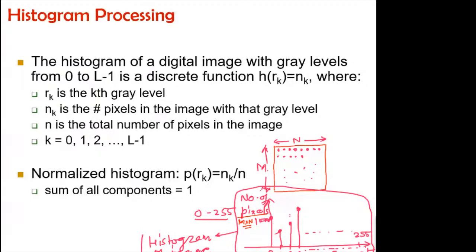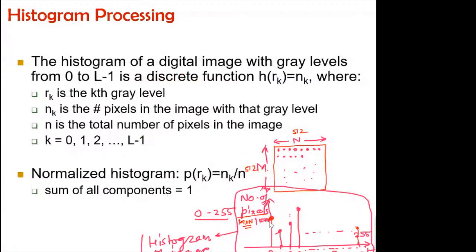The shape of this graph will remain the same, whether you call it a graph or a plot. Only thing is that the values on the y-axis will change. For example, let us say the image is 512 by 512. These were the values.